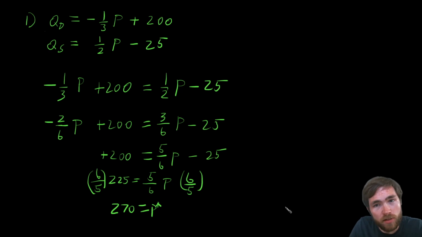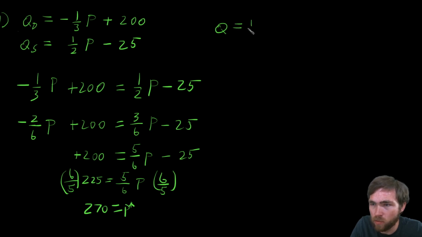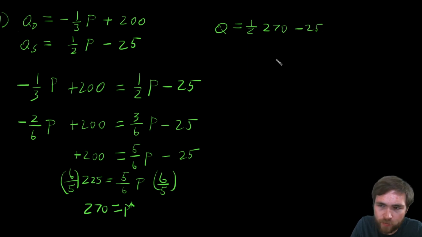So this gives us P star, but we also need Q star, equilibrium quantity. And so the way that we do that is we take our P star value and we plug that into either our supply curve or our demand curve. It doesn't matter which. So let's go ahead and do that. So let's say Q, and we can drop the subscript here, is equal to 1/2 times 270 minus 25.